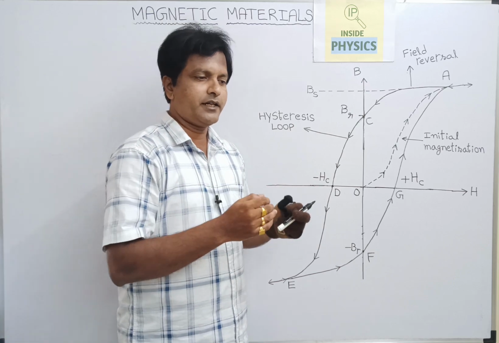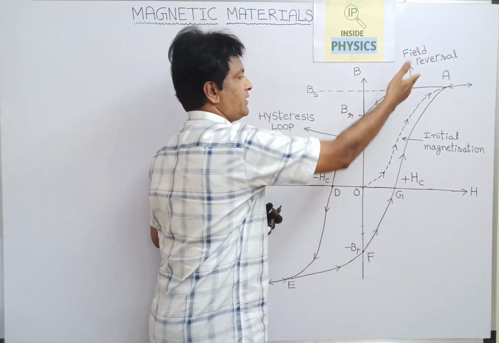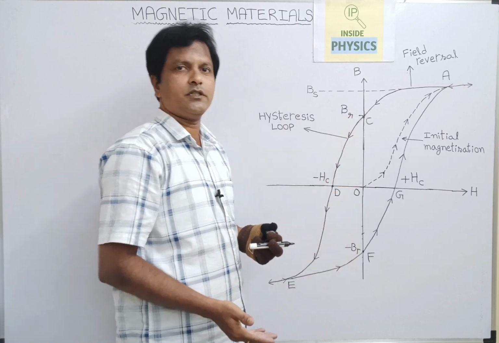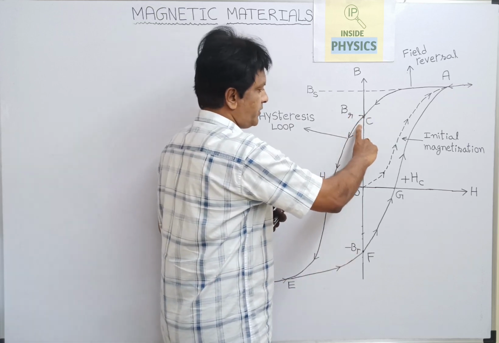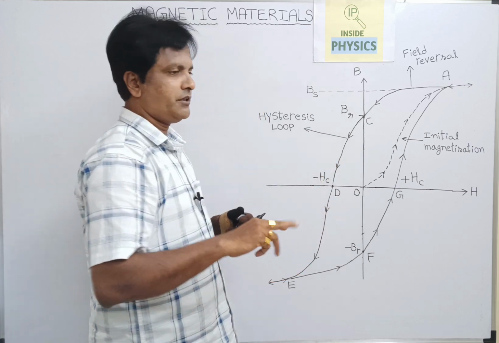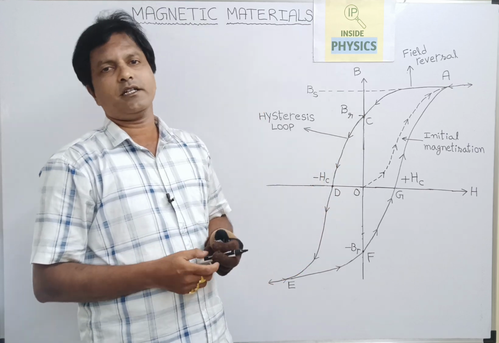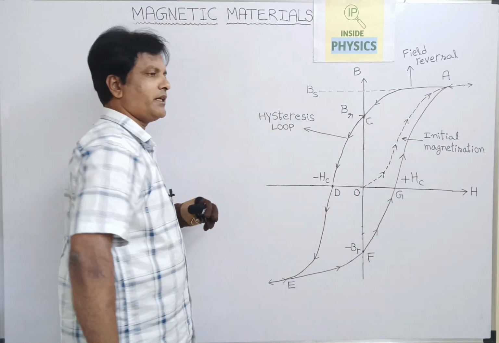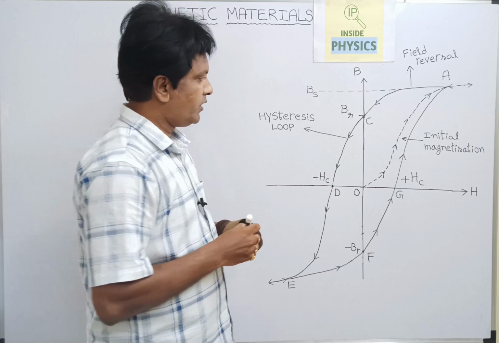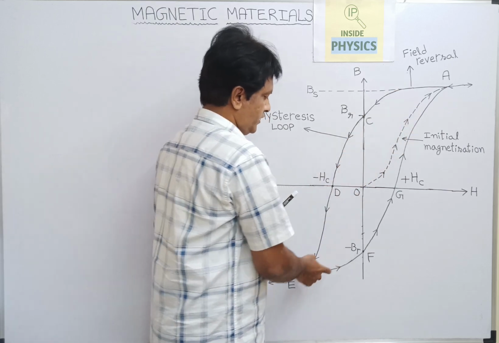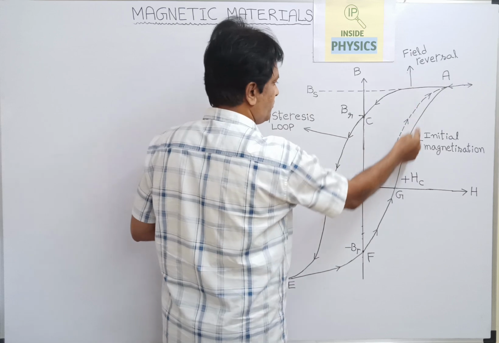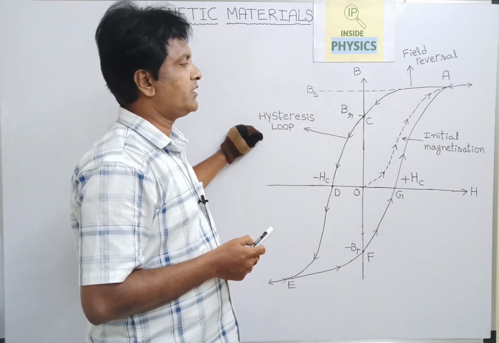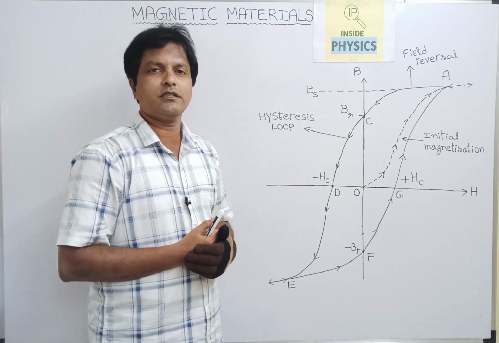If you apply the magnetic field in the positive direction, magnetic induction has increased, and even though the field has been brought to zero, the magnetization has not come to zero. That means if you want to bring this magnetization down to zero, you need to apply the magnetic field in the reverse direction. So this loop represents magnetization and demagnetization, and the area inside this loop represents the magnetic loss, which we may call hysteresis loss.